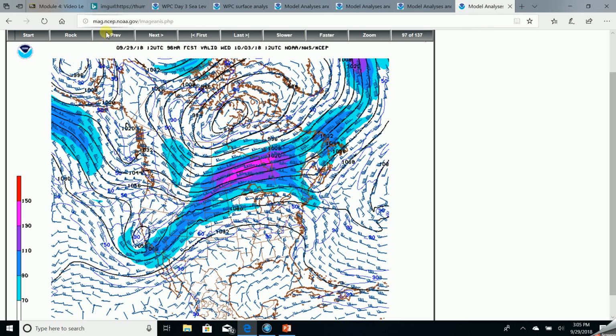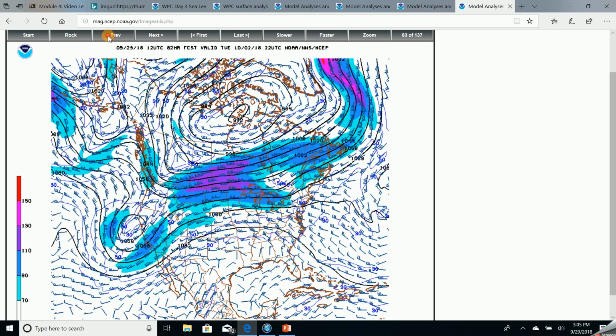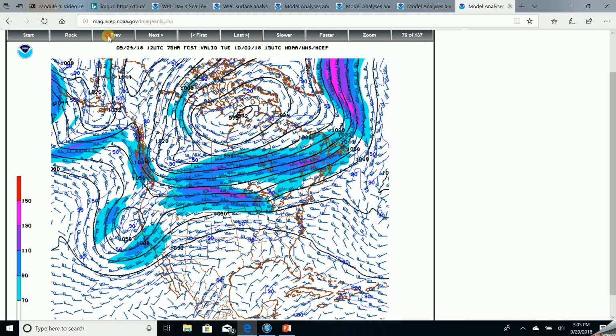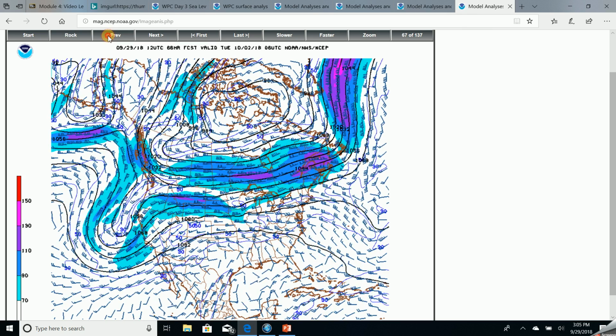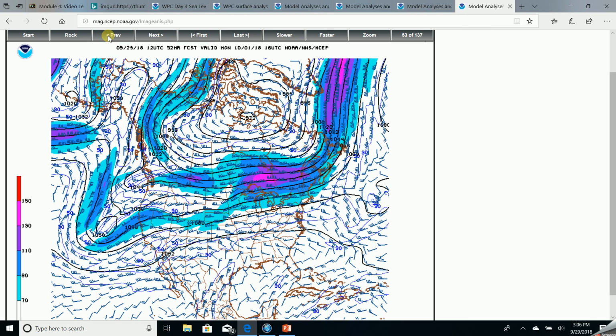So let's go back to 18Z on Monday. What you see down here is actually high pressure, clockwise circulations. A tropical system does not have depth.